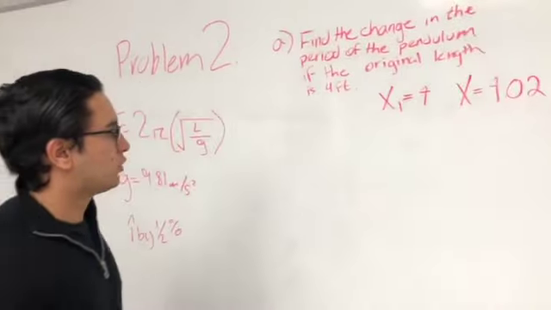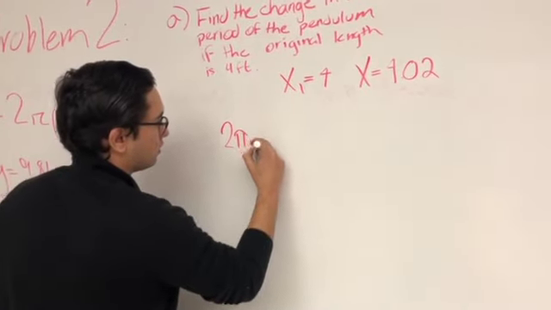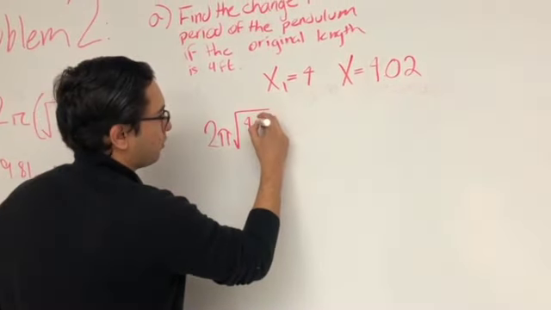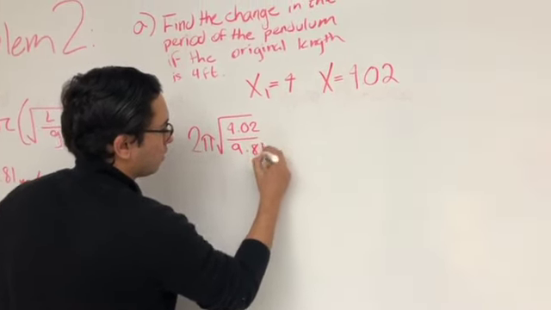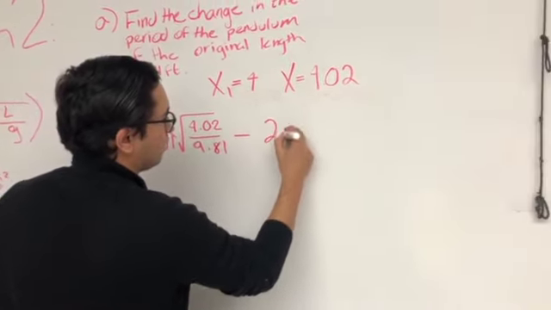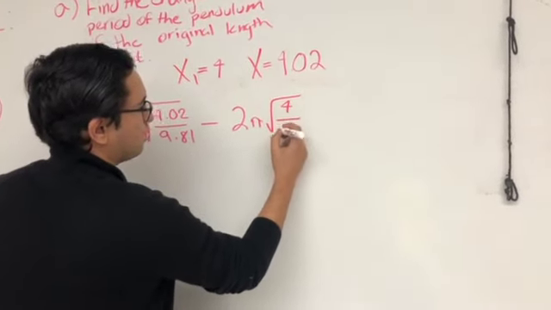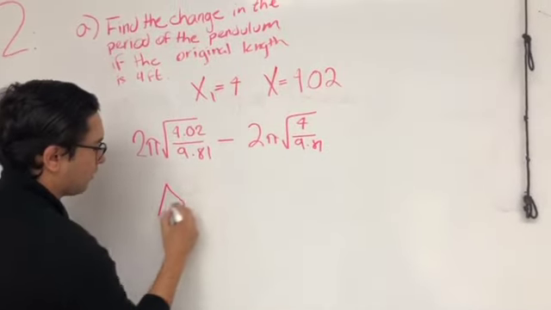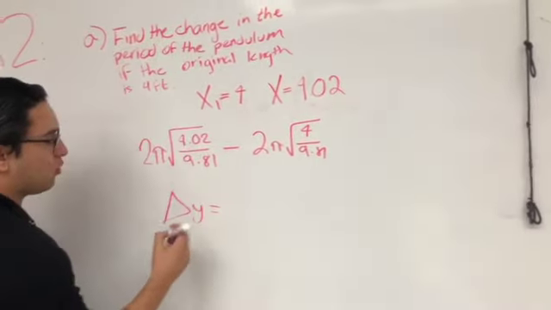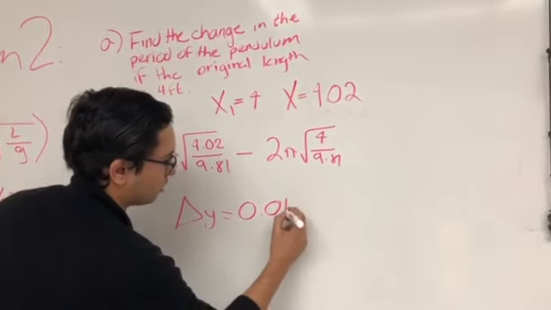Now let's do the equation, which is 2 pi square root of 4.02 over 9.81 minus 2 pi square root of 4 divided by 9.81, and the difference will be delta y equals 0.01 feet.